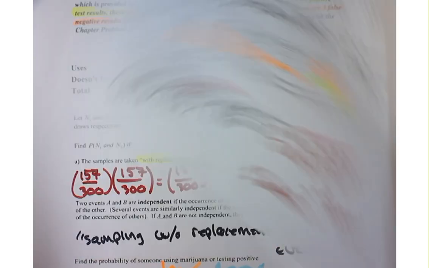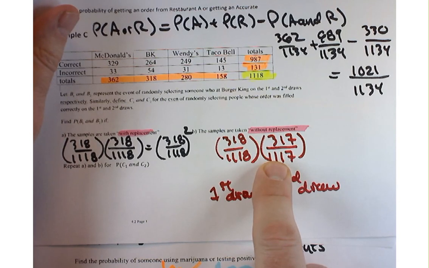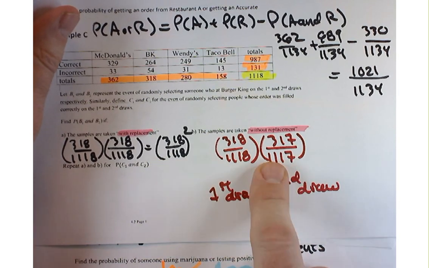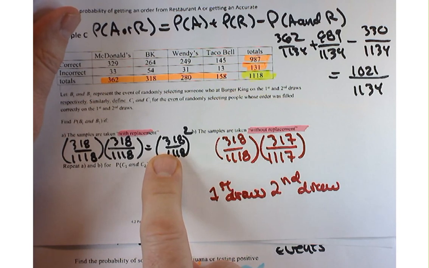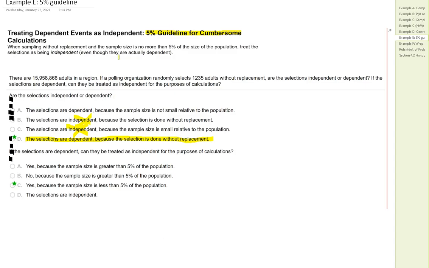It's called the 5% rule. And it turns dependent events into independent events. It turns a tedious calculation into something a little bit more user-friendly. So let's see when we can do that. You can treat their events, even though they're dependent events, as independent if your sample is no more than 5% of the population.